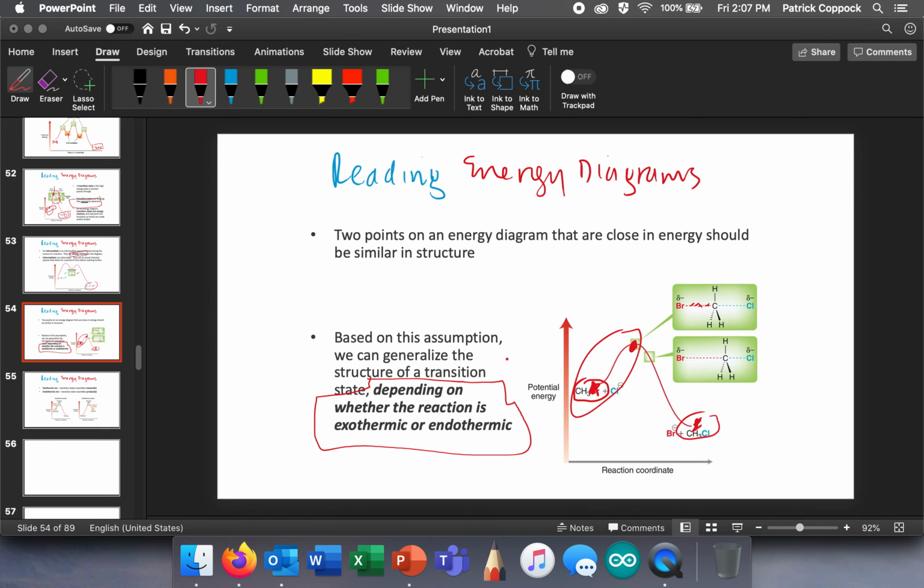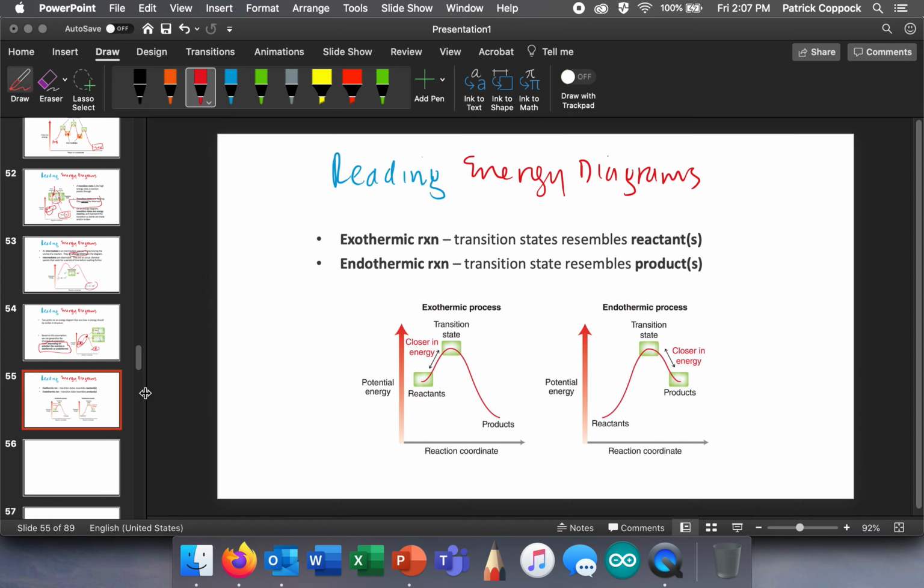We can get some general feel for what the transition state looks like. In an exothermic reaction, the products are lower, so the transition state looks more like the reactants. In an endothermic reaction, the transition state looks more like the products.